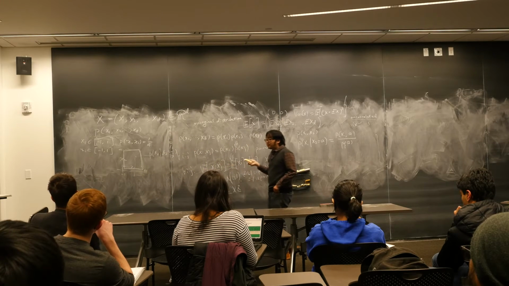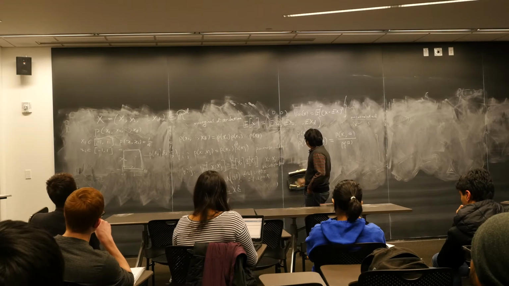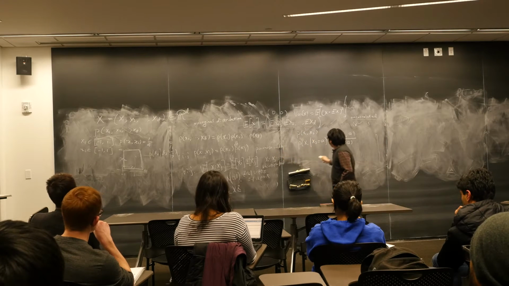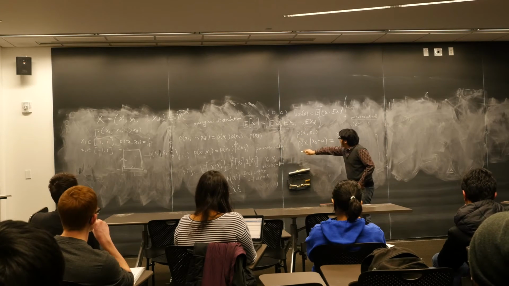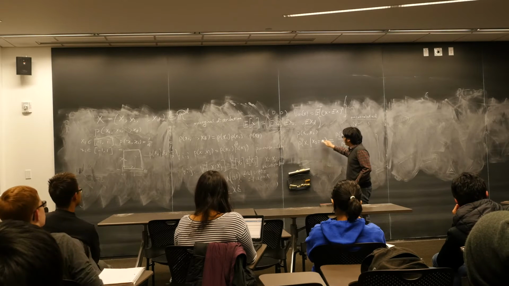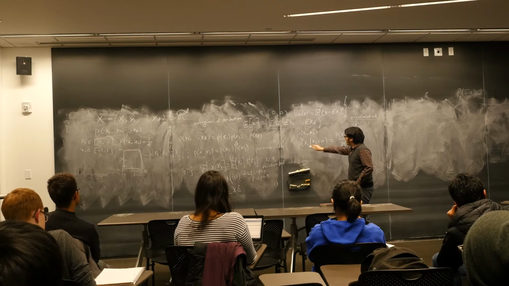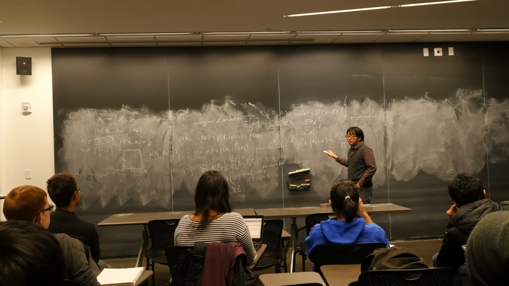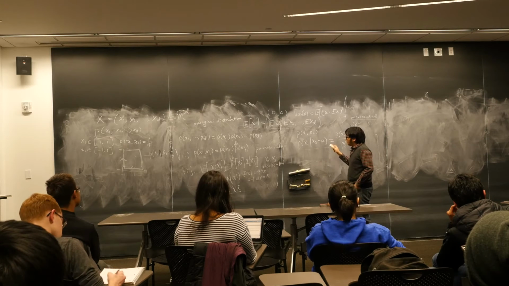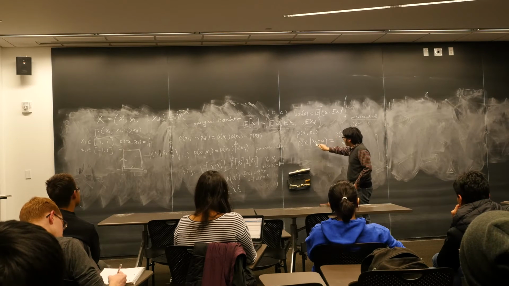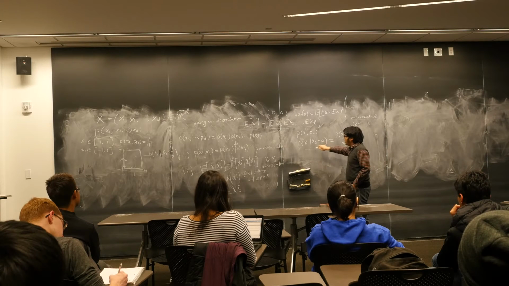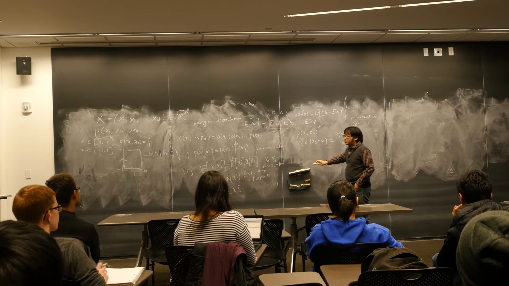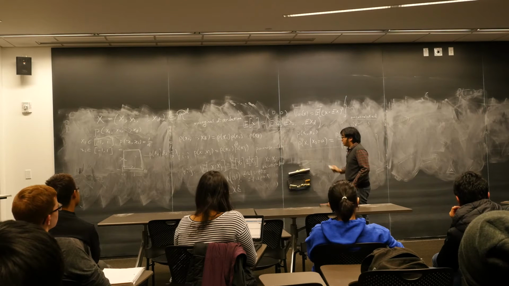So this is another characterization of independence. If this distribution does not depend on the value of x2, we will say x1 and x2 are independent. The intuition is, conditional on the fact that I know x2, I get no information about x1.